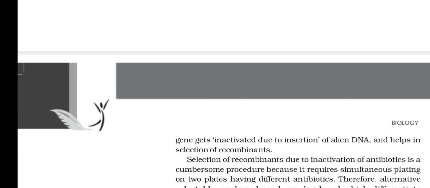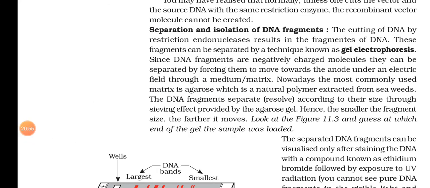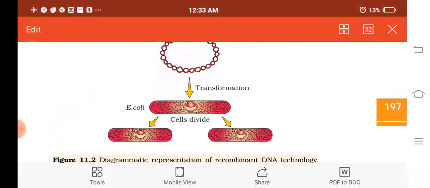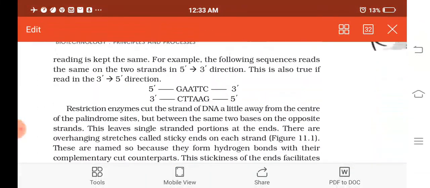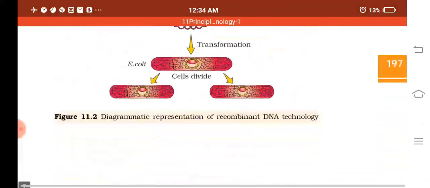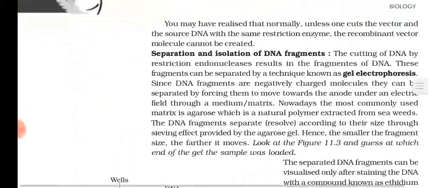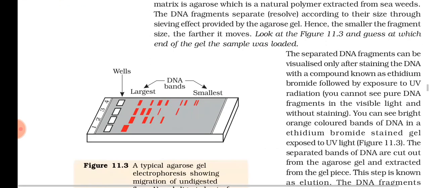Is it clear? So till now we have discussed various tools that are used in biotechnology. The first one is restriction endonucleases, also known as molecular scissors. Then after cutting the DNA, the fragments should be separated, and this is done with the help of gel electrophoresis.